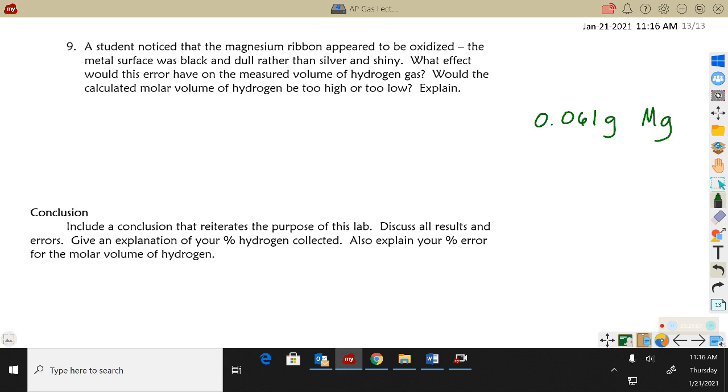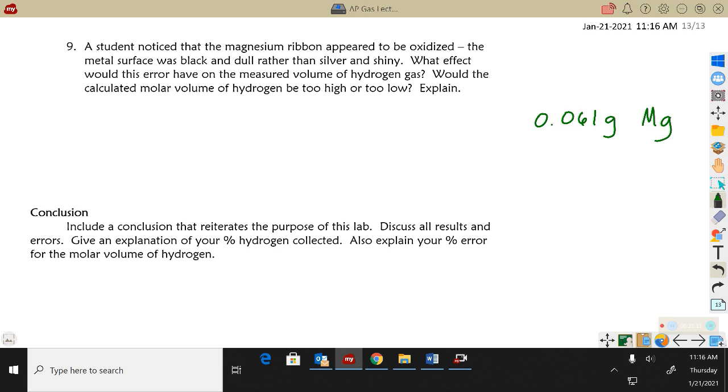Well, we tried to clean the magnesium well, because you do get this magnesium oxide coating. The magnesium is pretty reactive in air. And so what if I didn't clean it well enough? Well, then that 0.061 grams, that's not all magnesium.